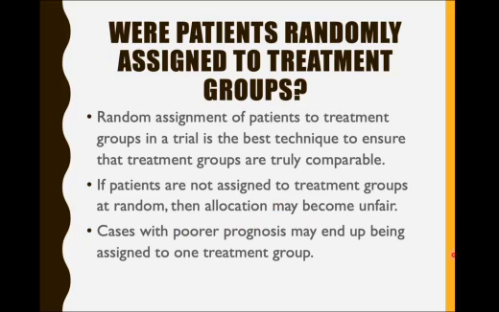Cases with poorer prognosis may end up being assigned to one treatment group. And so, one of the things that you will have to ask when you read the literature is, were patients randomly assigned to the treatment groups? Look for randomization as a method, as a design. If the design is a randomized controlled trial, then you are able to answer this first question.